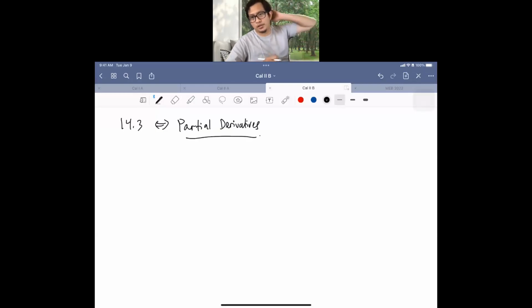If you read the textbook, it seems to be a little bit too many words to see, but I just want to emphasize what I think is the basic one.